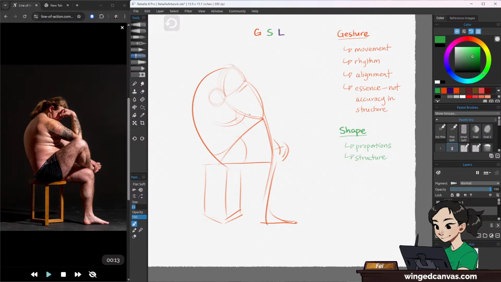And I'm going to do this on a separate layer. So first, when you're drawing heads, you can think about, okay, what makes this head shape unique? This person's got a sort of square-ish head, right? And I want to play that up.